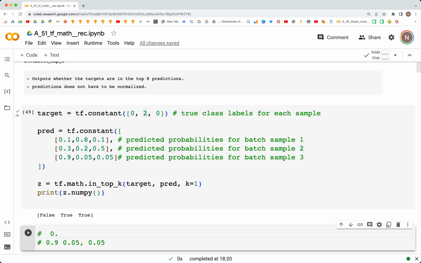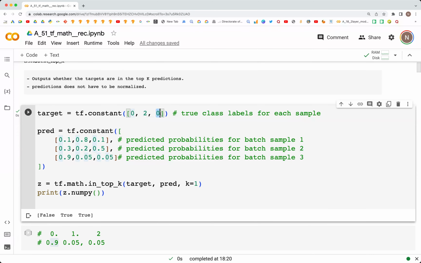The 0.05 could be class 1 and this could be class 2. Now the top probability does belong to class 0 in prediction, and therefore the predicted value here does match the true value, and therefore we do get a true in the output.